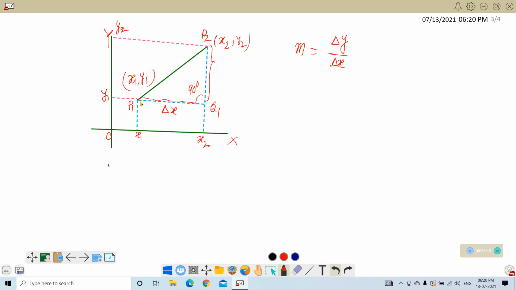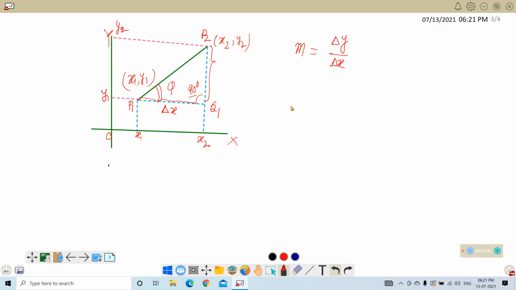Okay. So if this angle is 90 degree and this angle, the angle between the base and the hypotenuse, the angle between the two straight lines, one is base and other is hypotenuse, you have to remember this, is equal to phi. This angle is phi.